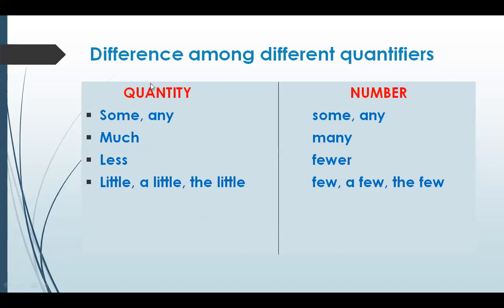So quantity means जिसको आप measure करते हो, जिसको आप गिन नहीं सकते, उनके साथ हम words use करते हैं like some, any, much, less, little, a little, the little. इसी तरह numbers which can be counted, उनके साथ some जो word है both quantity and number दोनों के साथ use होता है. Many, fewer, few, a few, the few.